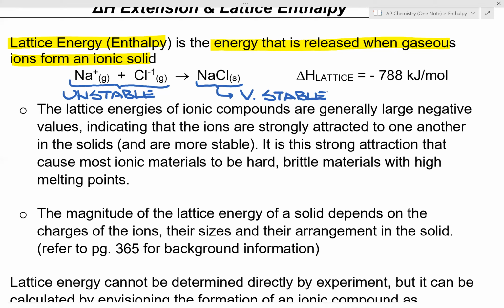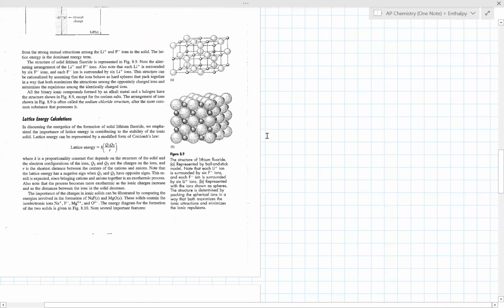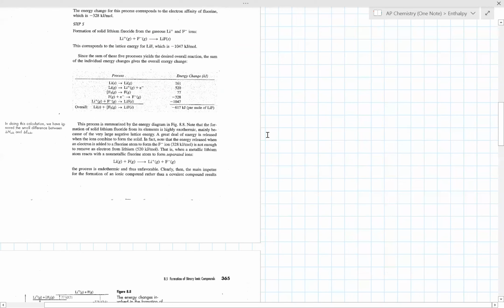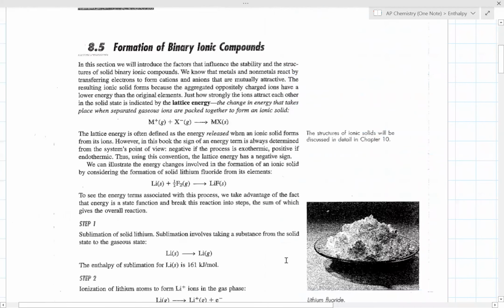Now, the magnitude of the lattice energy of a solid depends on the charges of the ions and their sizes, as well as their arrangement in the solid. If you take a look on page 365, you talk about lattice energy.